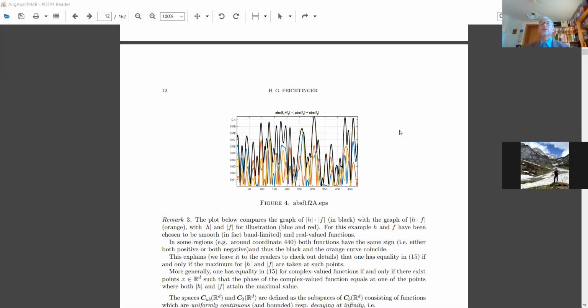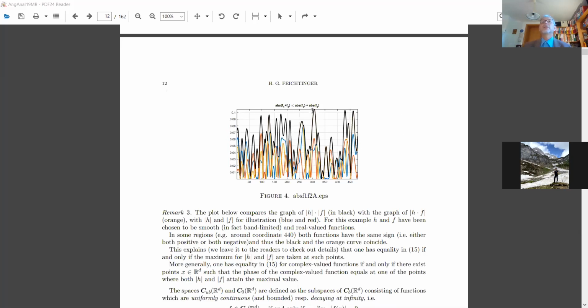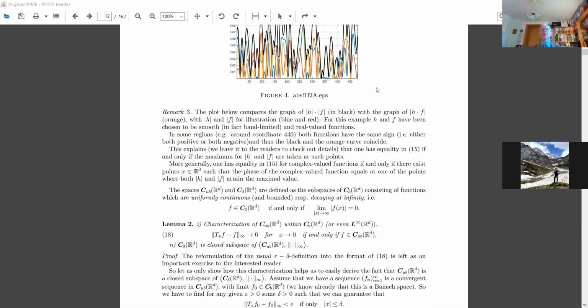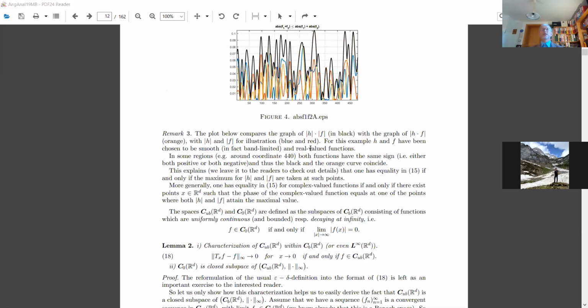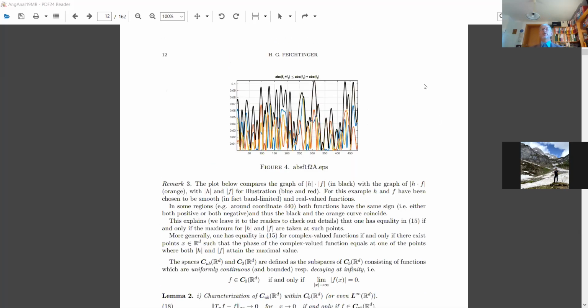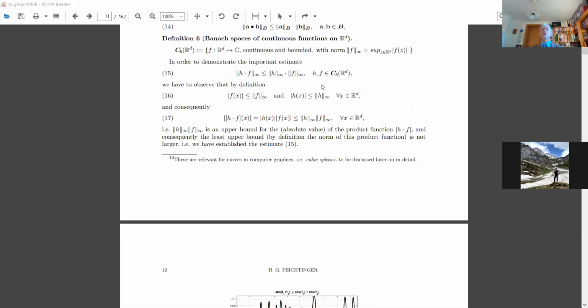And maybe I should have just corrected the text and put the times here, because in order not to confuse you too much, I wrote down the details, the equality of norms. So you can ask the question, when do you have equality here? And the equality occurs essentially if the maximum is taken at the same place.